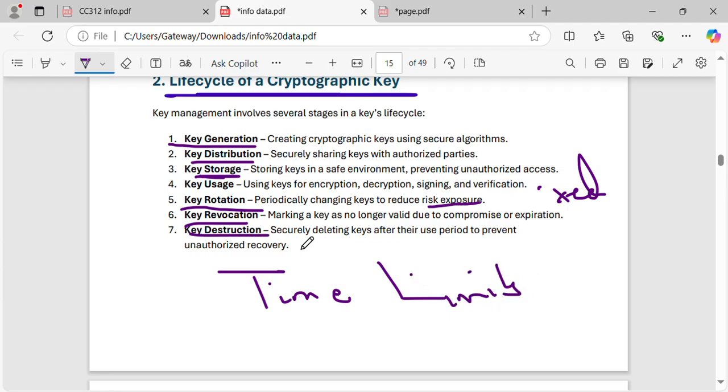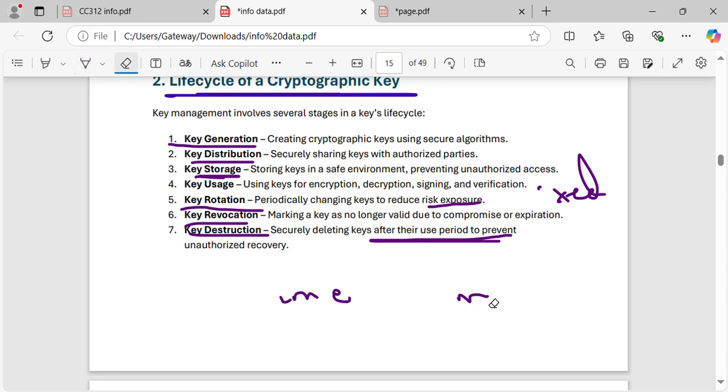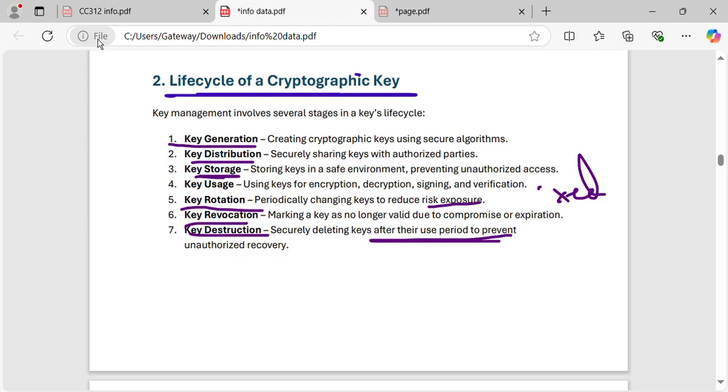Key destruction means we securely delete the keys after the use period to prevent unauthorized recovery, so that someone cannot use it. If someone can recover the key, they may inject it into our system, which may not be able to recognize that it is not valid, because the system has worked with the same key before, so it will think that everything is going well. So this can also manipulate your system.